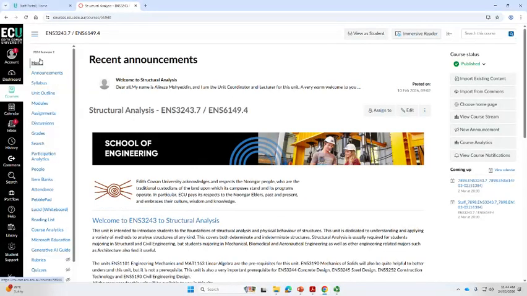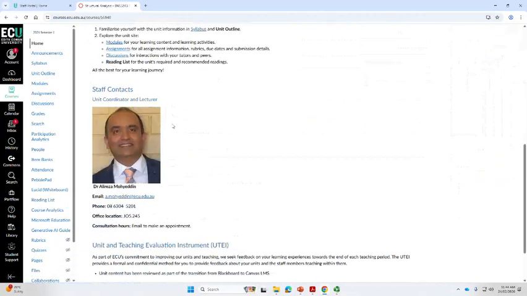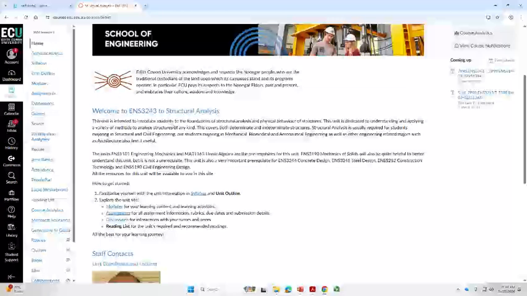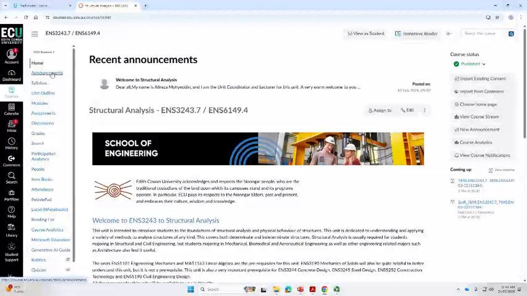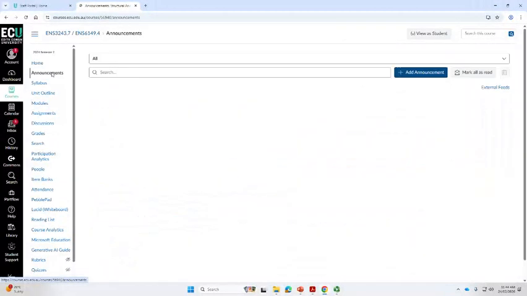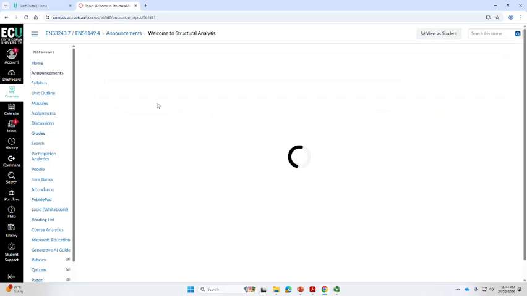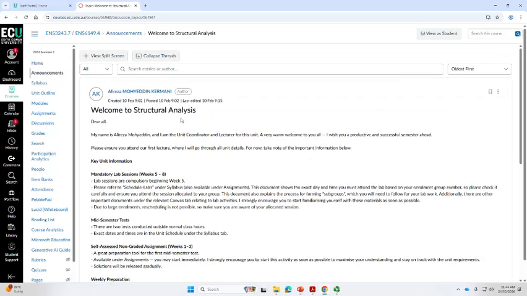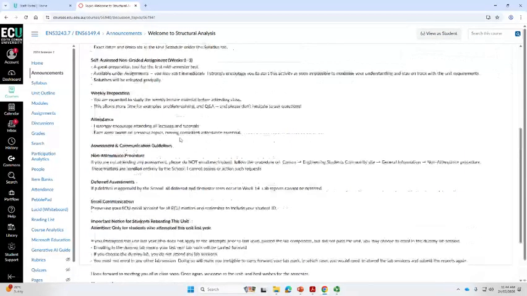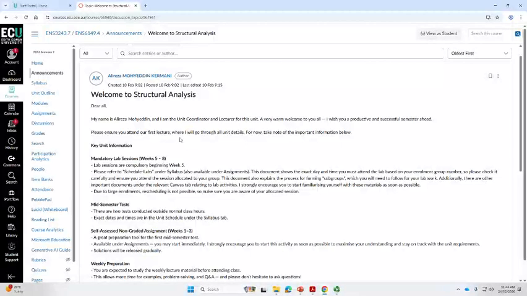then on the left-hand side, there's a bunch of tabs that you see. The first one is Home. It gives you an introduction about the unit. This is where you access the announcements. This is the announcement that I sent, I think, a few days ago. And by the way, there is important information in that.